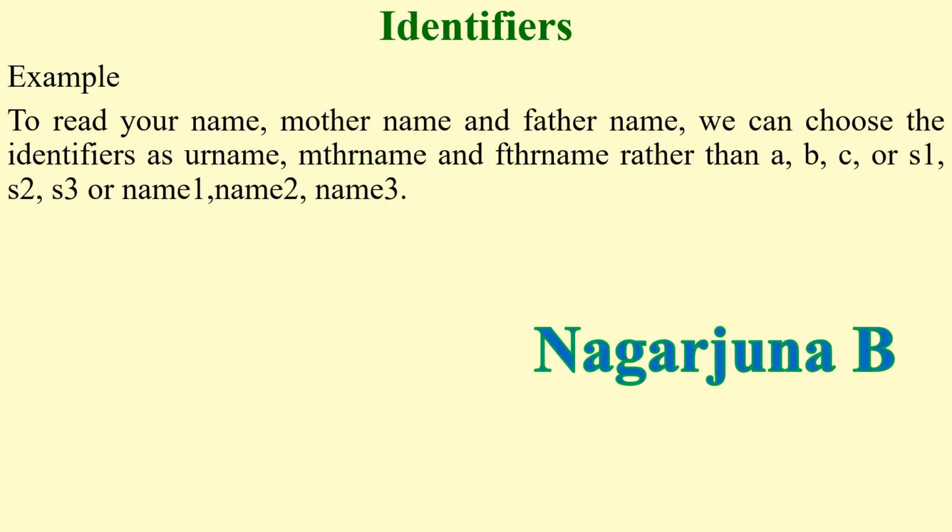Another example. To read your name, mother name and father name, we can choose the identifiers U name, M name, F name, or UR name, MTHR name, that means mother name, FTHR name, that is father name, rather than choosing A for your name, B for mother name, C for father name, or choosing S1, S2, S3, S1 for your name, S2 for mother name, and S3 for father name, or choosing name 1, name 2, name 3.